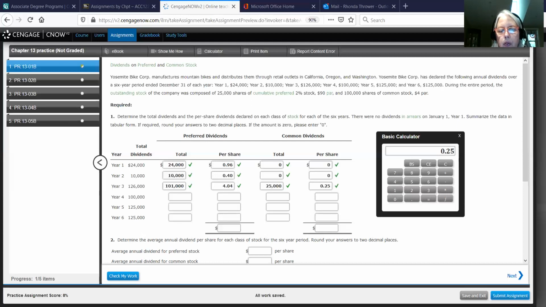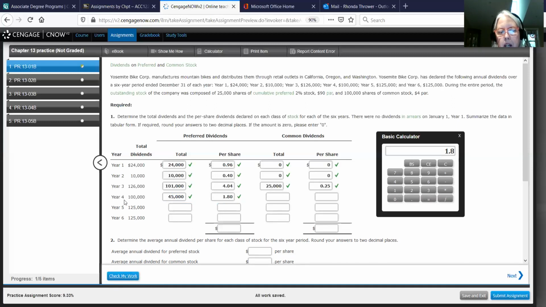So because we have paid $100,000, we're going to give that entire $45,000 to our preferred stockholders. That $45,000 is going to be divided by the number of shares of preferred stock outstanding, which is 25,000. That will give you $1.80 as our dividends per share that we paid to our preferred stockholders.